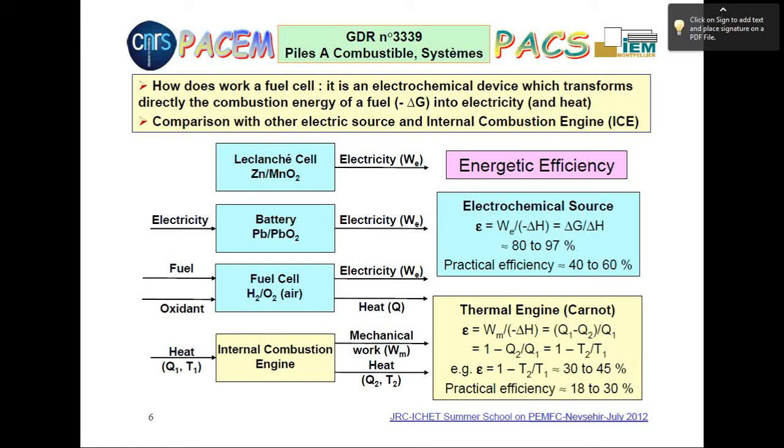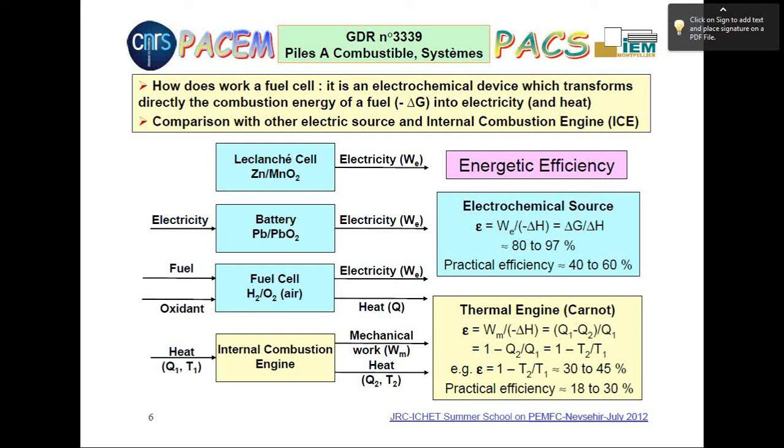Another point is how it works. For these 3 electrochemical power sources, elementary cell like electrochemical cell or battery or fuel cell, you have a box. In the electrochemical cell, in the box you have the chemical product, for example zinc and manganese dioxide, and they react, give you electricity. When it is finished, you throw away the box.